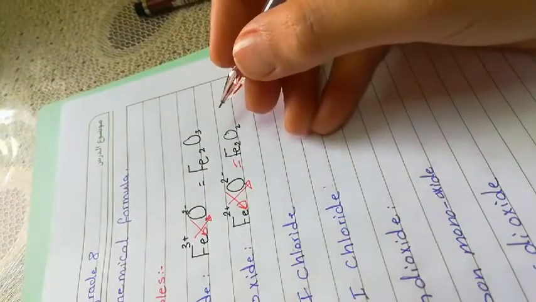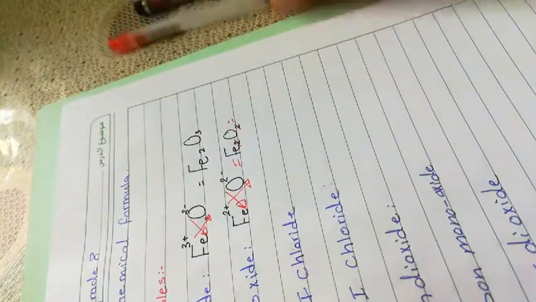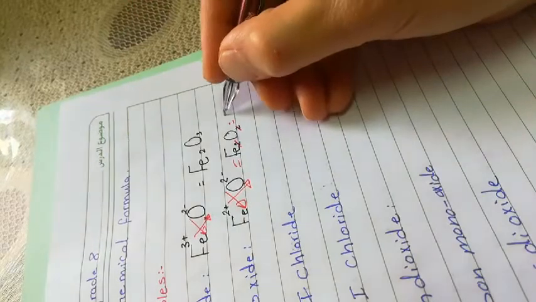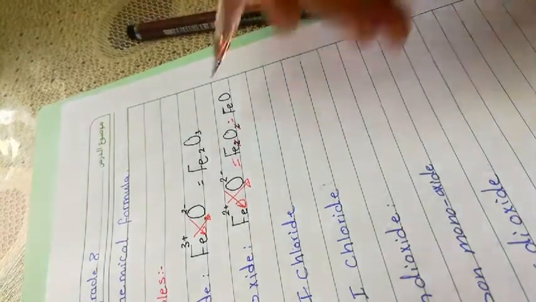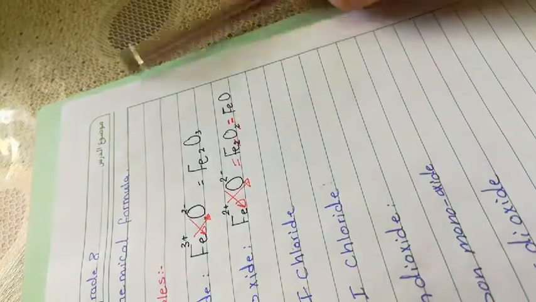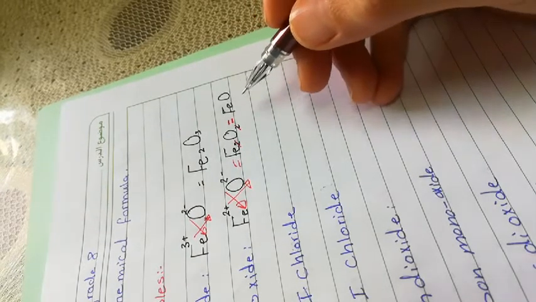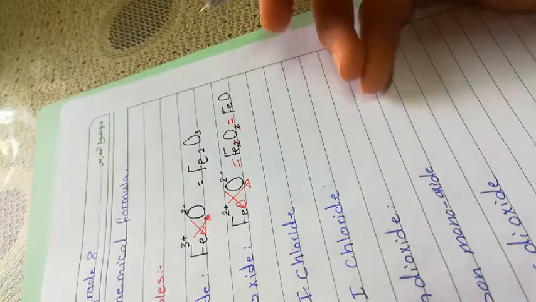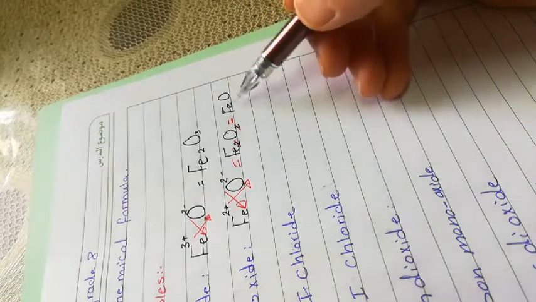The simplest form means cross it and write it like this: Fe1O1, but it is not necessary to write 1, so FeO. So you must write the numbers using the simplest formula, or you must write the formula using the simplest numbers.